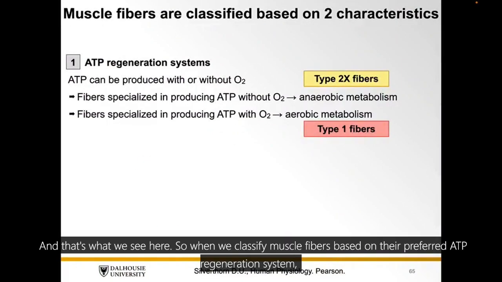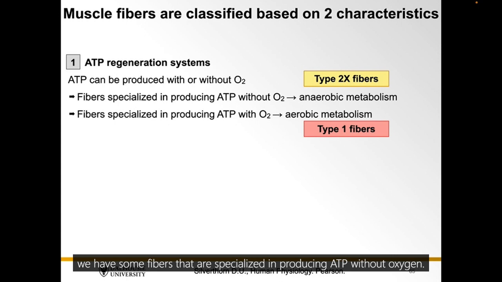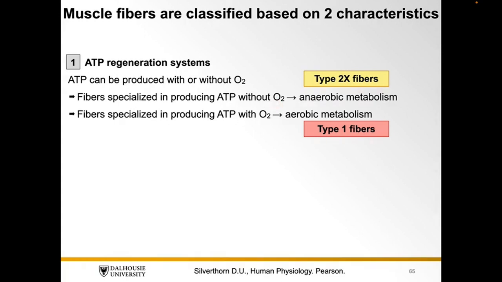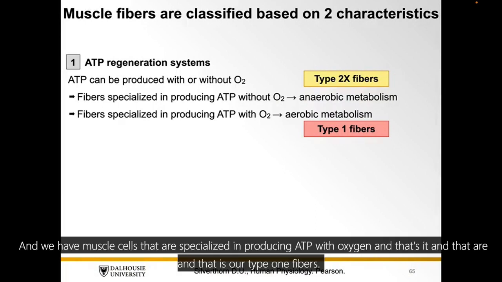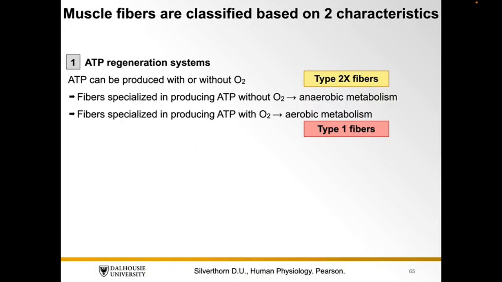And that's what we see here. So when we classify muscle fibers based on their preferred ATP regeneration system, we have some fibers that are specialized in producing ATP without oxygen. And these are our type 2X muscle fibers. And we have muscle cells that are specialized in producing ATP with oxygen, and that is our type 1 fibers.